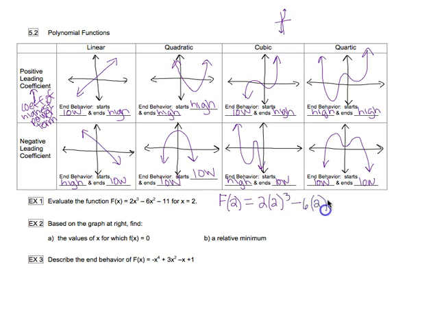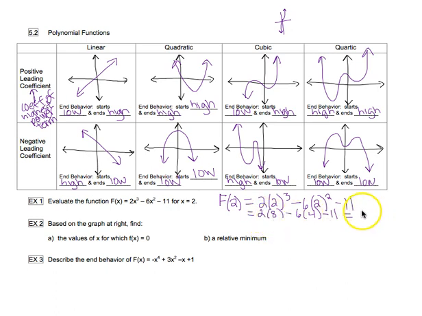So that's going to be my first step, is just to plug it in and do nothing else. Then I'm going to use my order of operations. Exponents come next. So 2 to the third power, 2 times 2 times 2, is 8. So I have 2 times 8 minus 6 times 2 squared, which is 4, minus 11. Then I do the multiplication.